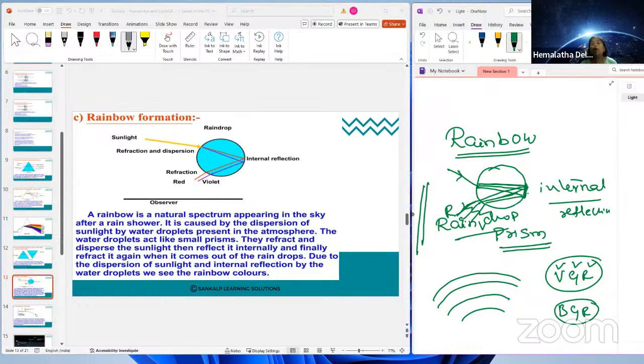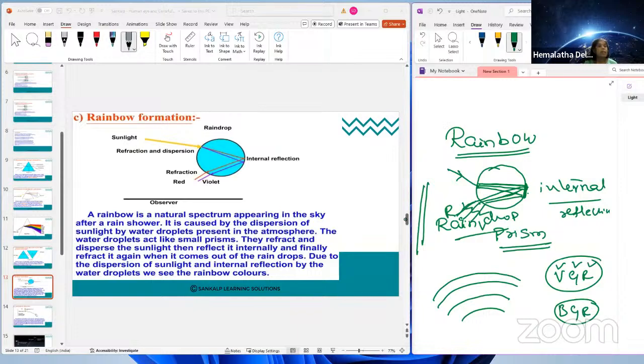If you observe the raindrop, the actual phenomenon inside it is the splitting up of light. If they give dispersion, refraction and everything, you can write all the above phenomena, but mainly it is dispersion of light. Don't write only dispersion; you have to write dispersion of light.